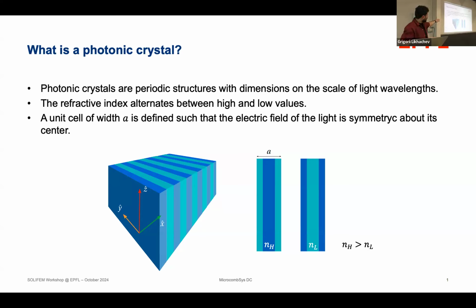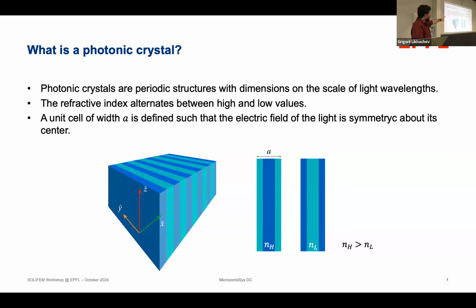As you see here, along the x direction, you have these alternating layers. The dark blue layer has a high refractive index, which I labeled N high, and the light blue is a low refractive index.